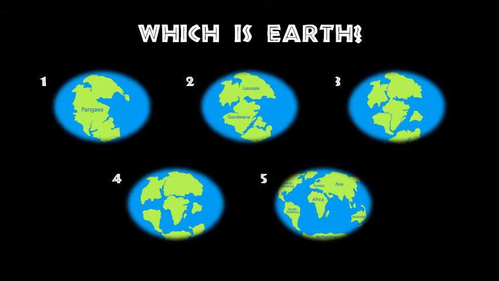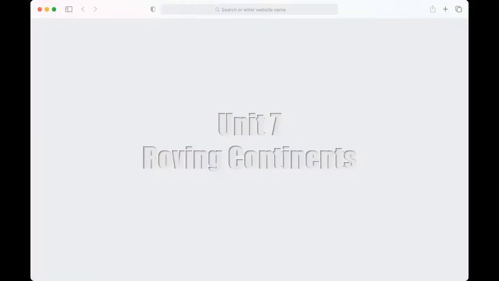Okay, so let's start with today's class. Unit 7, Roving Continents. Does everyone know what roving means? That's right, roving means traveling from place to place.